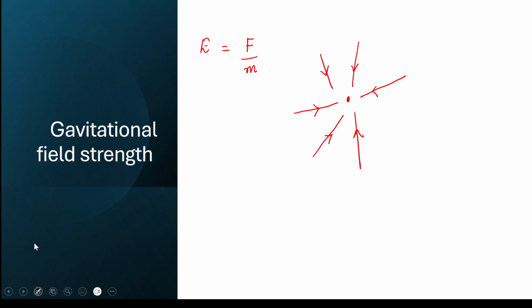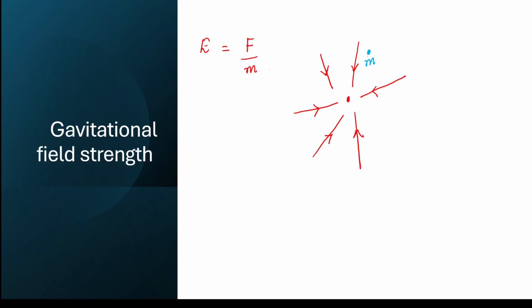Gravitational field strength, E, which is a vector, is measured by measuring the force experienced by some mass which is kept in the gravitational field. Suppose I have a gravitational field, and I'm just drawing the field lines. In this gravitational field, if we keep a small mass m, let's say my small mass m is here.